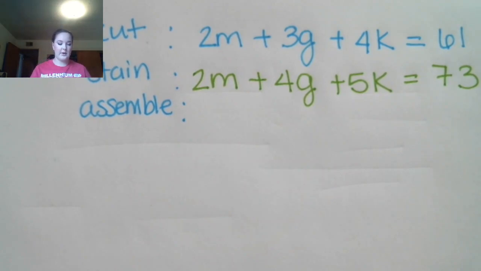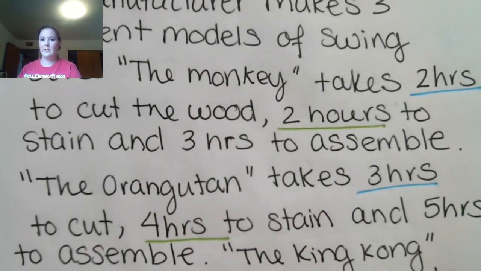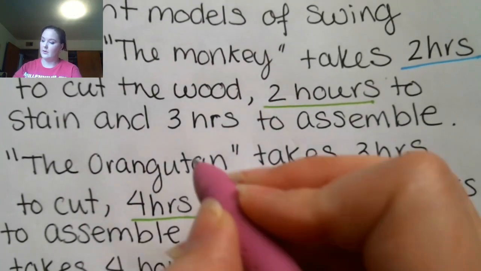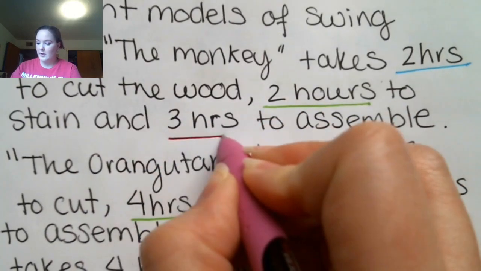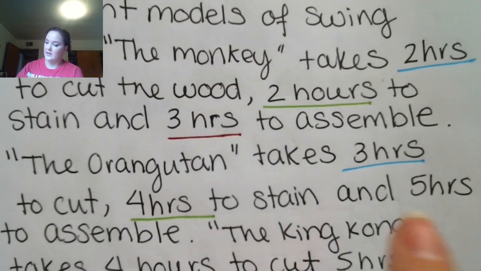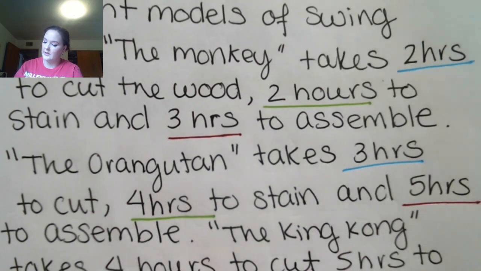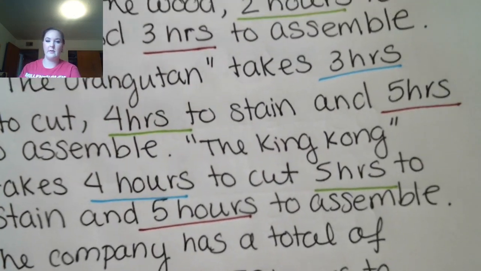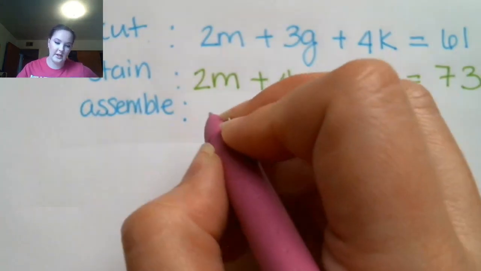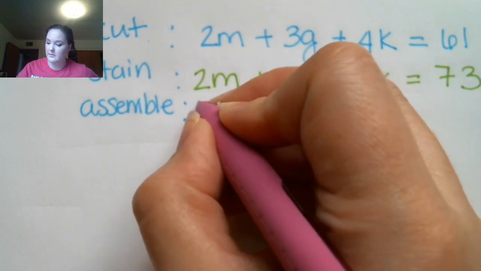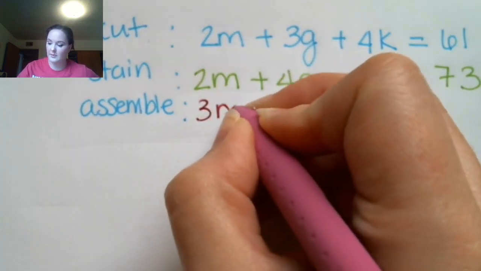And then our last equation is going to refer to the time to assemble. So we're going to look here for all the times to assemble. For the monkey, it's going to be 3 hours. For the orangutan, it's going to be 5 hours. And for the King Kong, it's going to be 5 hours. So we're going to say for the monkey, it is 3 hours per set times the number of sets.